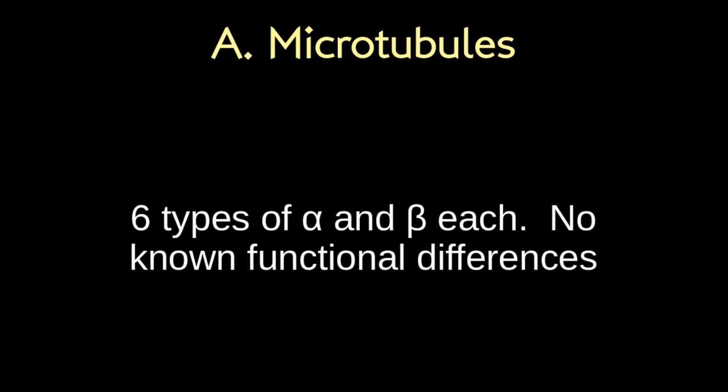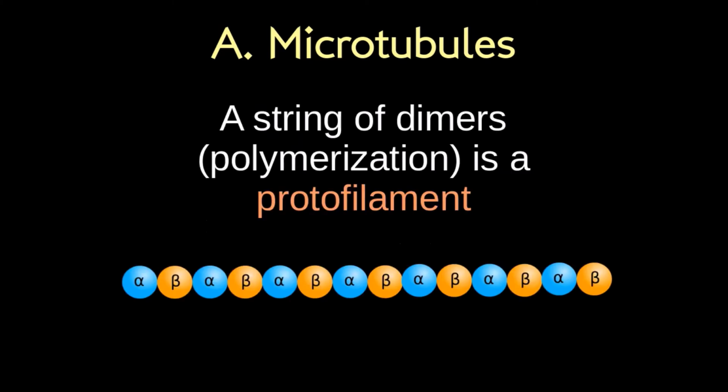Now, we can take each of these pairs or these tubulin dimers and we can string a bunch of them together and get this. So we can get a polymerization of these dimers, and this would be known as a protofilament. Which makes sense. We're in the process of making a filament, so a string of these dimers would then be a protofilament.